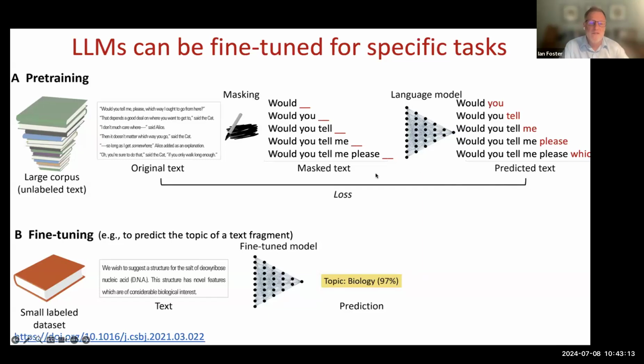More often, at least historically, what one would do is then perform a fine-tuning process in which we further update the parameter values of the model, not via self-supervised learning in this case, but via a supervised learning process. For example, say we wanted to come up with a model that would, given a sequence of text like this shown here on the bottom left, be able to predict the topic of that text fragment. So that could be useful for various reasons.